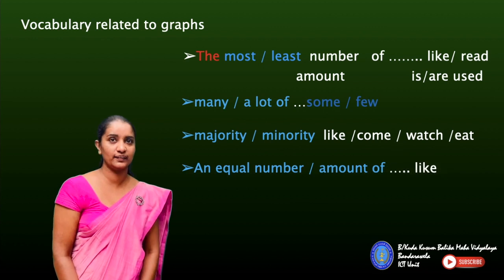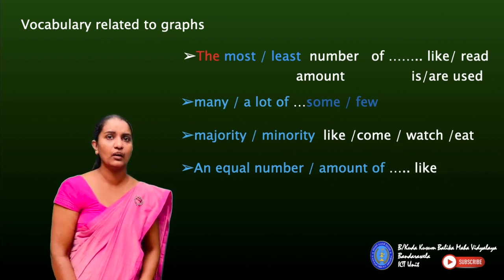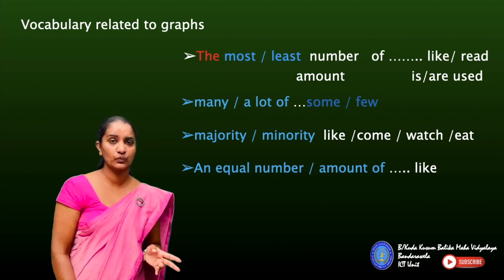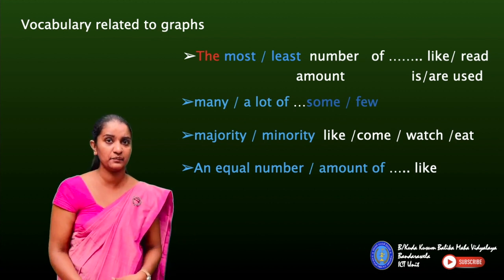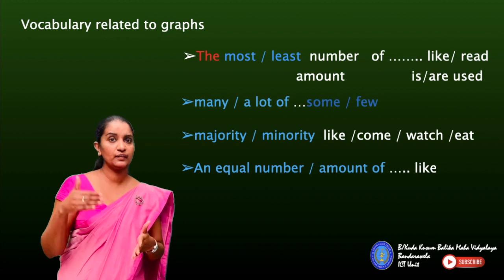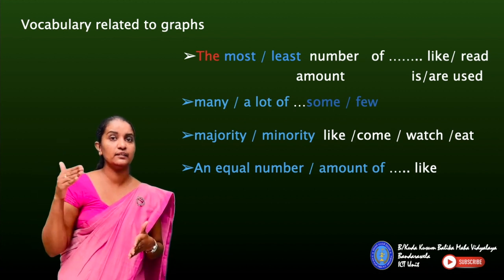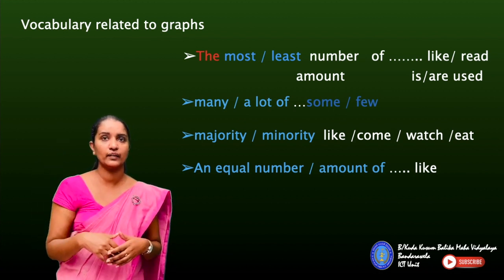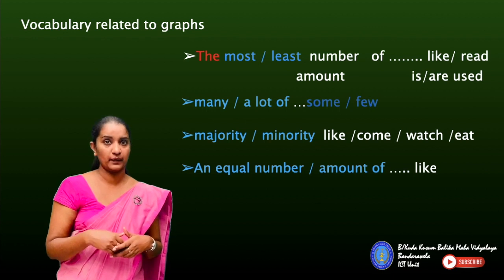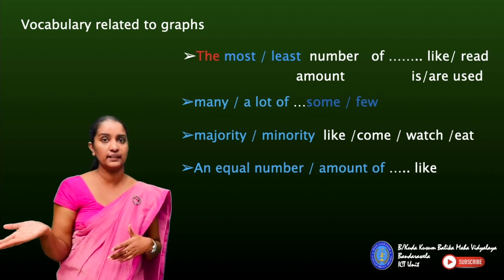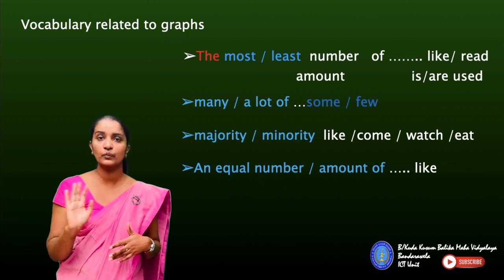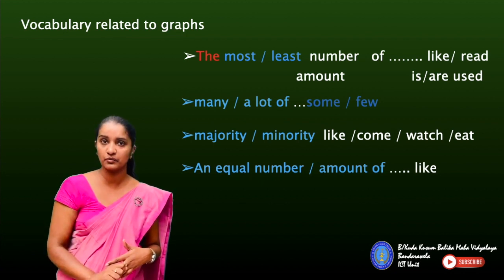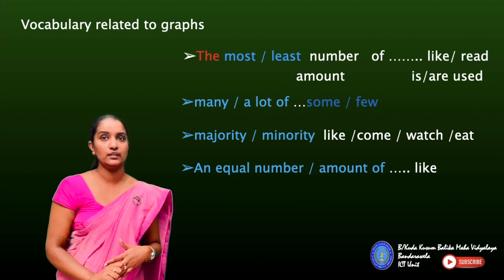And the next one is an equal number or equal amount. Why do you write two? Are you going to write both at the same time? No. If the data is given in numbers or figures, you have to write number. But if it is rupees or milliliters, likewise, you can't count and it is uncountable, and therefore you have to write equal amount of.